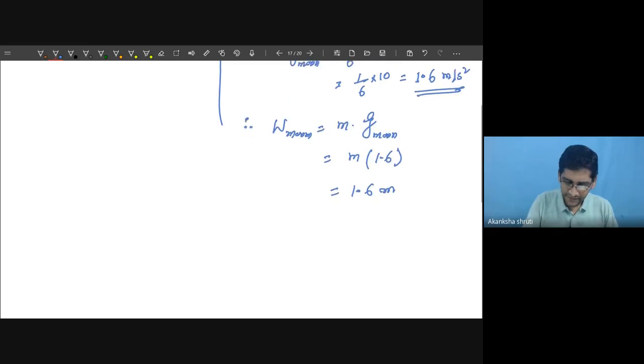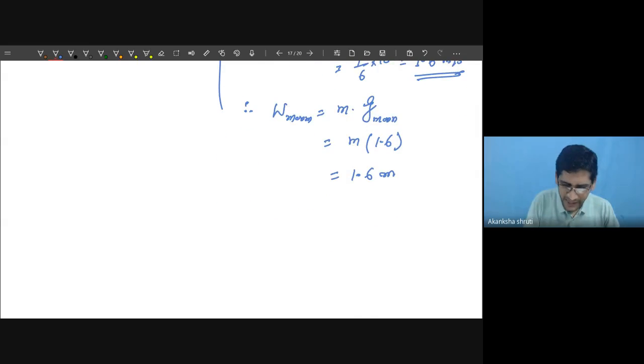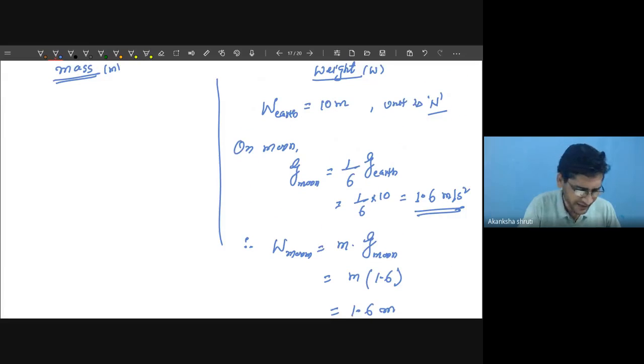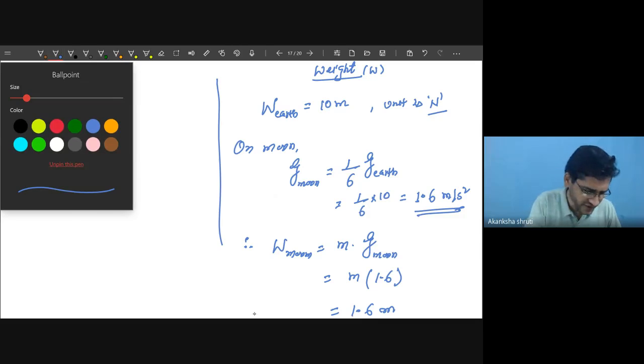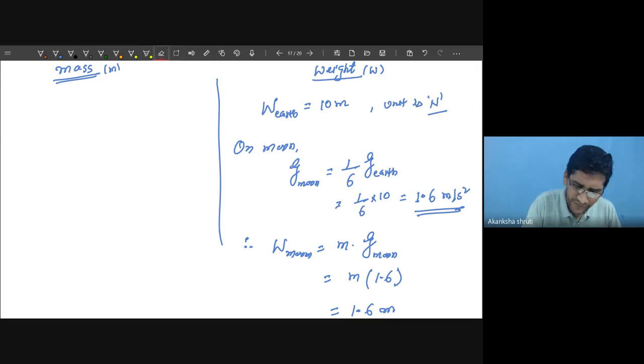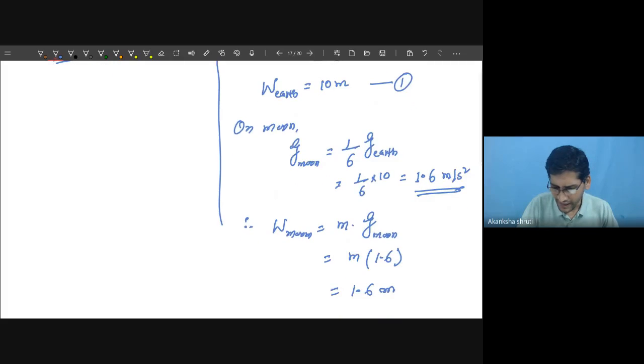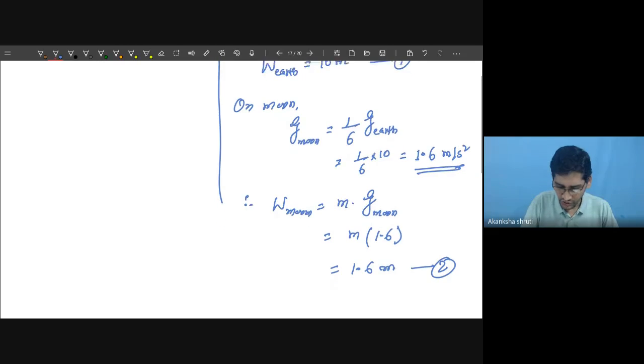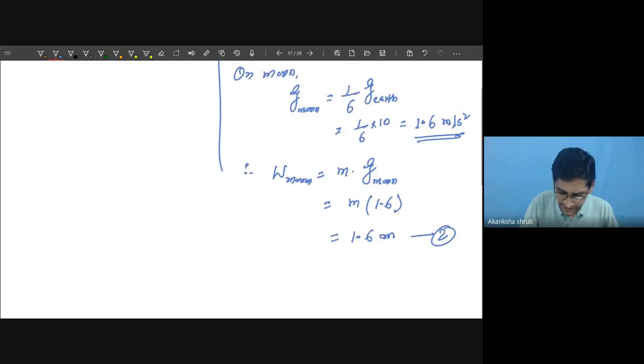So student, from here we can observe that we may consider the weight of the object on earth as 10m, equation 1, and the weight of the same mass on moon as equation 2.